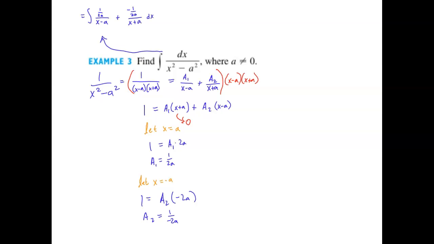Remember that the lowercase a's are constants, so I can just factor them out, and I can write this as two separate integrals. So I'll have 1 over 2a times the integral of 1 over x minus a dx, minus 1 over 2a times the integral of 1 over x plus a dx.